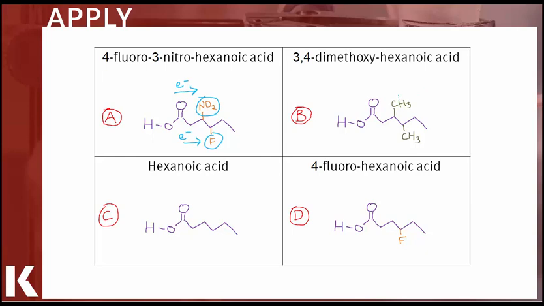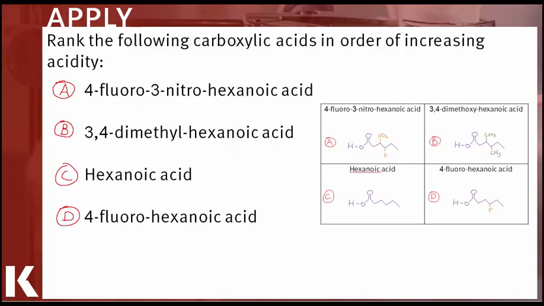Molecule B has our 2 methyl groups, and if you remember, methyl groups are going to be electron donating, so they're going to be pushing electrons toward the hydroxyl group. Molecule C doesn't have any substituents, and molecule D has our fluorine, which you already saw is going to be electron withdrawing.